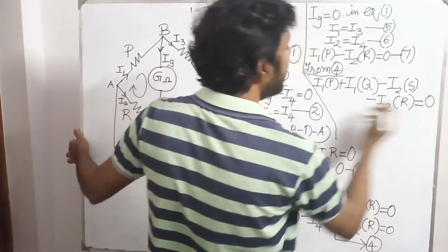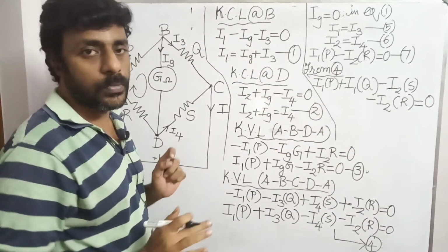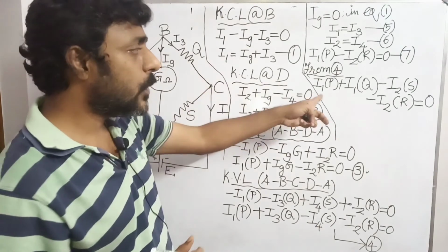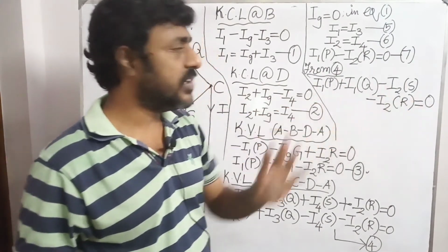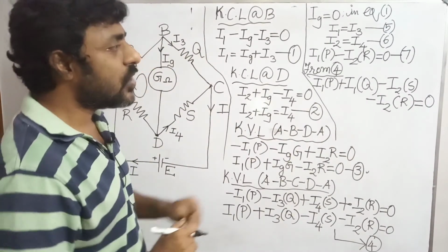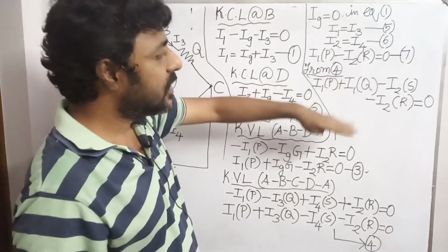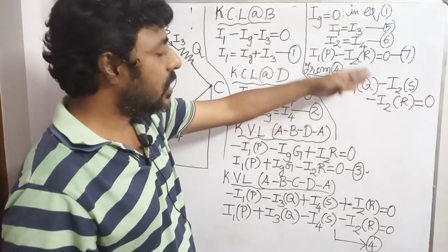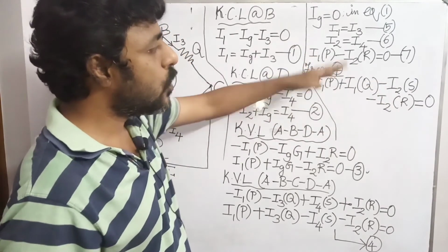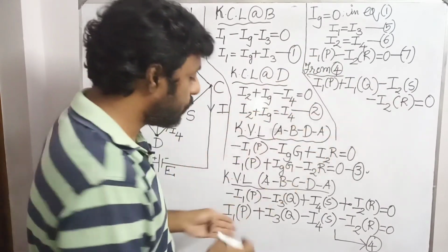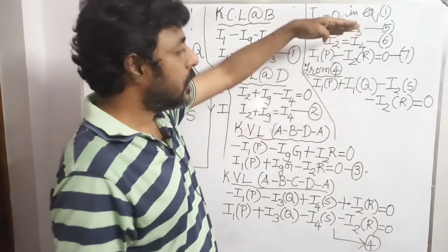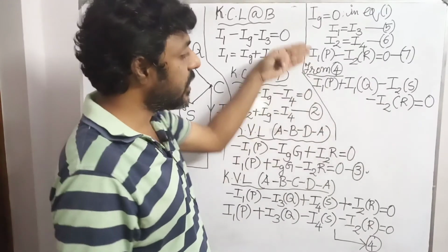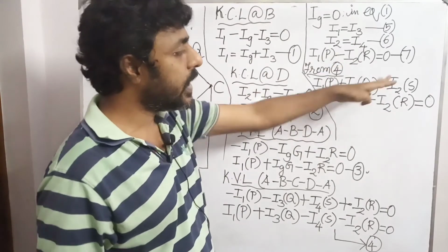I am going to equate the entire quantity to 0. That's it: I1P plus I1Q minus I2S minus I2R equal to 0. So I am bringing all the current terms as I1 and I2, instead of expressing it in I3 and I4, in order to maintain consistency.